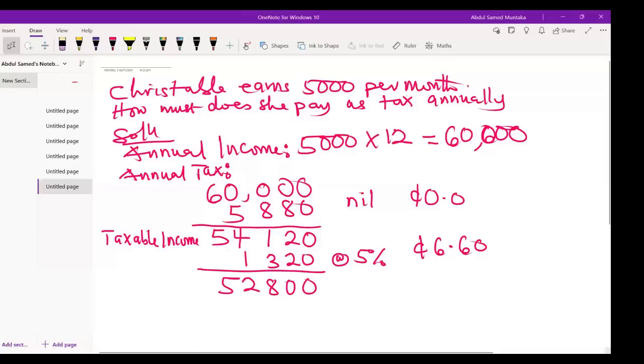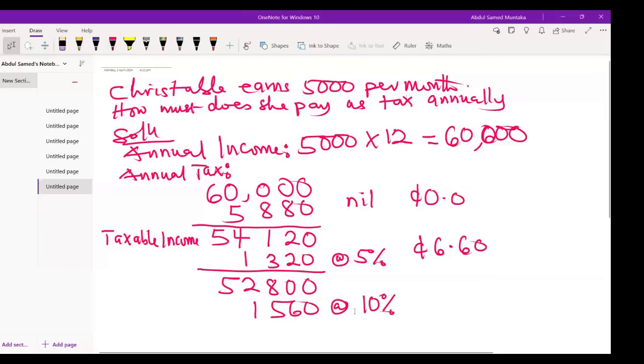Then, if you look at the schedule again, she is now going to pay tax on the next 1,560. And that one, she pays the tax at 10%. So this is at 10%.